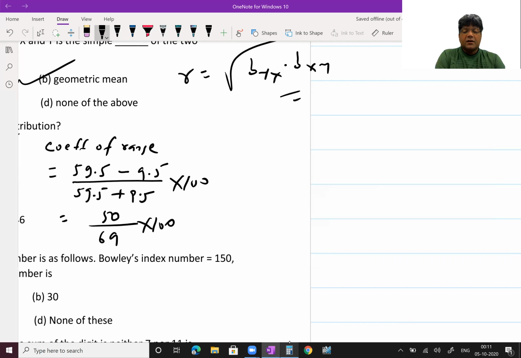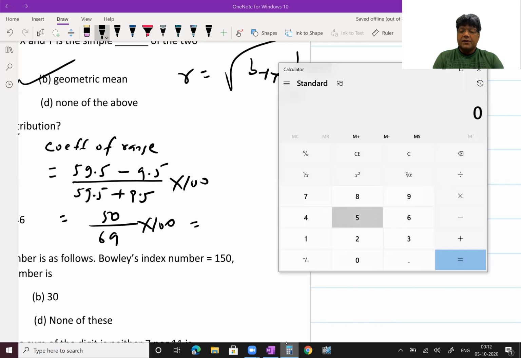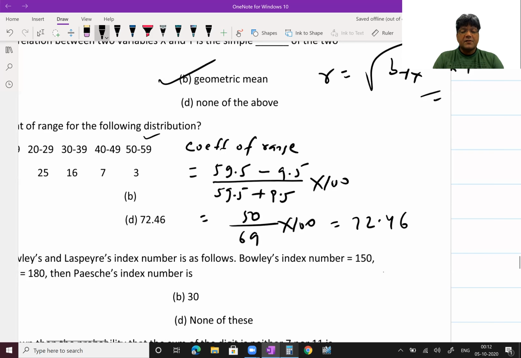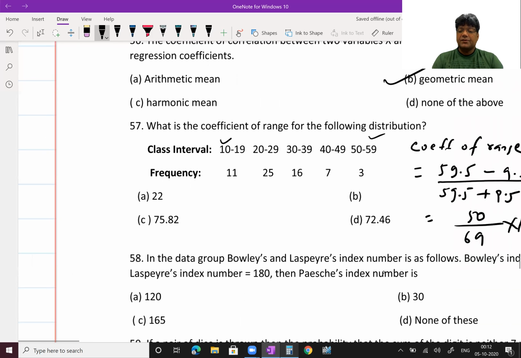So 69 into 100, that is 5000 divided by 69, which is equal to 72.46%.